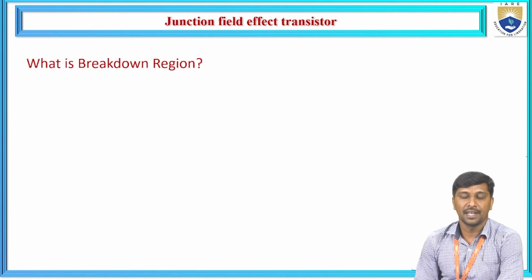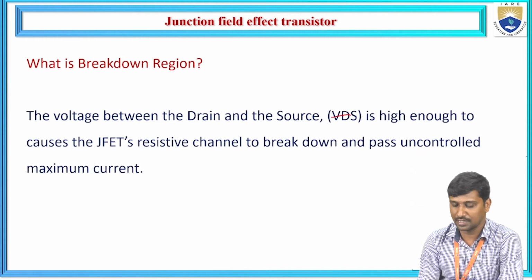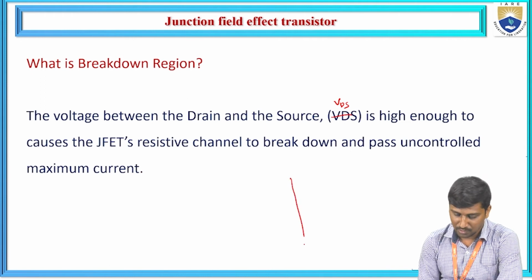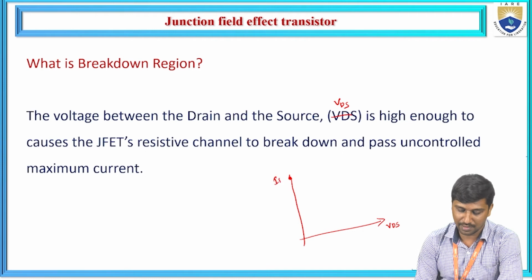Now, what is the breakdown region? Here the voltage between the drain and the source, that is VDS, is high enough to cause the JFET resistive channel to break down and pass uncontrolled current. While drawing the drain characteristics, we take VDS versus drain current. When VGS is zero, it offers the maximum current.